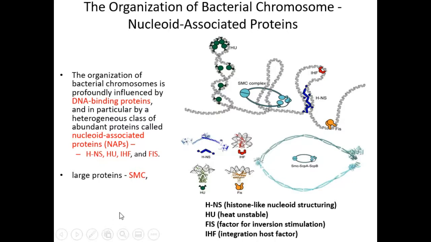Then HU, right? H-NS is here, and then HU is here. It's heat unstable, which is another small abundant NAP protein, nucleoid associated protein. These proteins are found in many bacteria, okay?